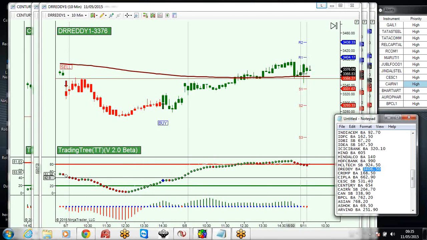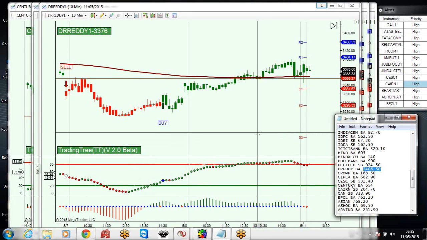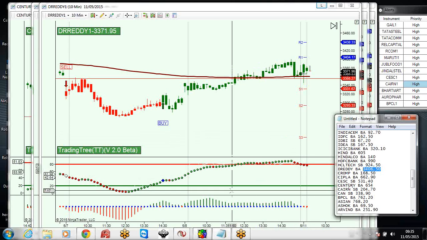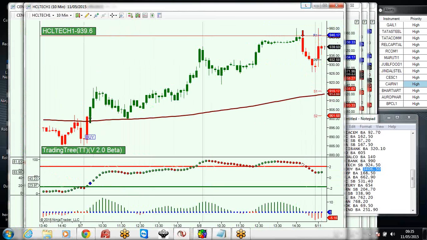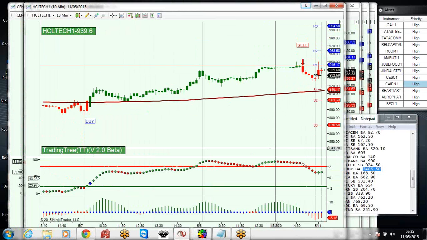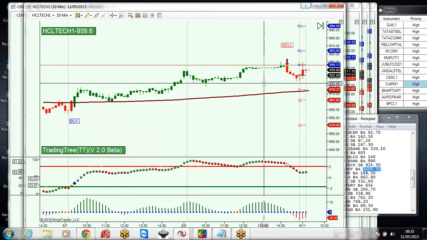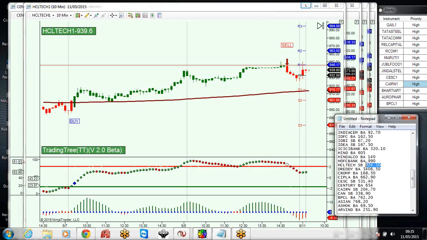Dr. Reddy 3046, 3406. So this 924 is the sell, 924.50 for HCL Tech.